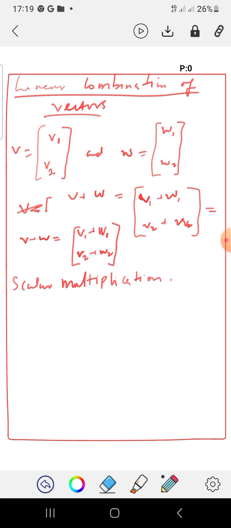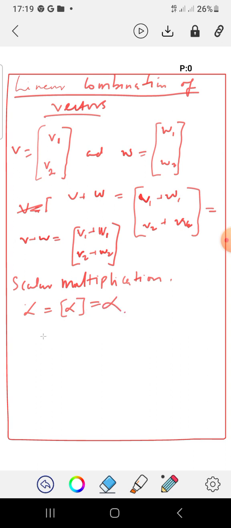So let's assume that our scalar is alpha. Of course, like I said, a scalar is nothing but a number. Physics will tell you it is something that has magnitude but no direction. It is a number, as far as I'm concerned. So this is alpha.